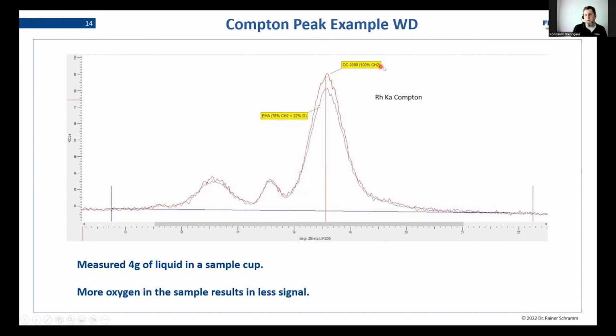One is a pure oil, basically paraffin oil, so it's 100% CH2, and the other one is an acid, EHA, ethylhexanoic acid, I think it is. It is basically 78% CH2 plus 22% oxygen. This comes from the chemical formula of those two chemicals. And we can see that the Compton peak changes. Basically what happens is the oxygen absorbs signal.